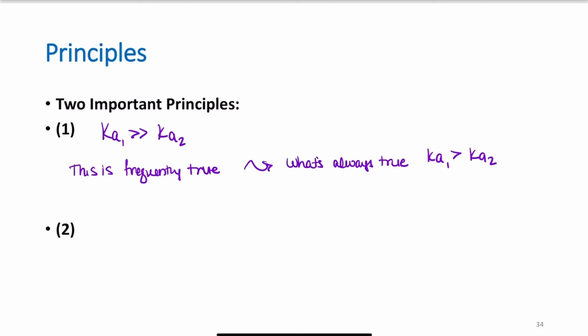It's frequently true that it's much, much bigger. And since Ka1 is so much bigger than Ka2, we can assume that virtually all of the hydronium ions came from the first dissociation.